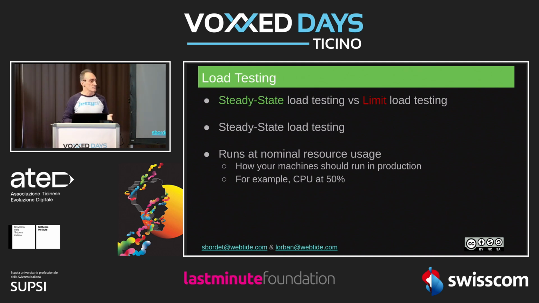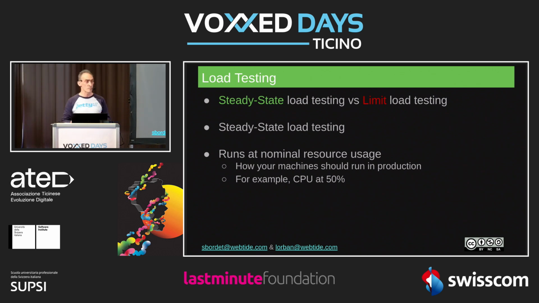The steady state load testing typically runs at what we call the nominal resource usages. The idea is that you run a load test with a load on the system that mimics what you will have in production. In production you typically do not want a machine running at 100% CPU. To be safe, you want your systems to be at half capacity at most, maybe even less, because you still want to be able to sustain a little bit of variation in the load.